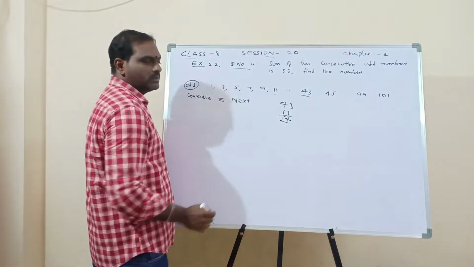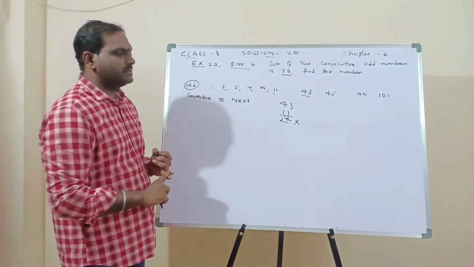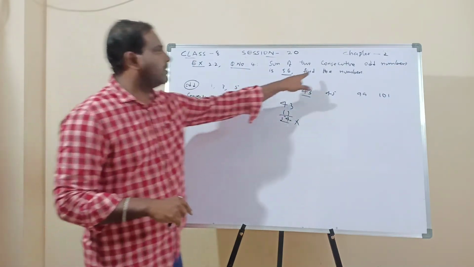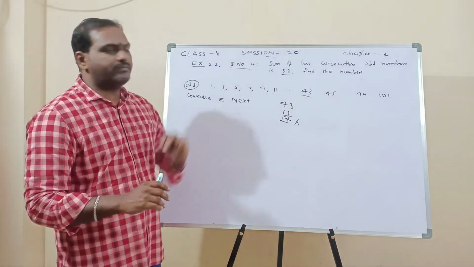We have 2 conditions. Condition number 1, they must be odd numbers. Condition number 2, they must be consecutive. And if we add them, we have to get 56.